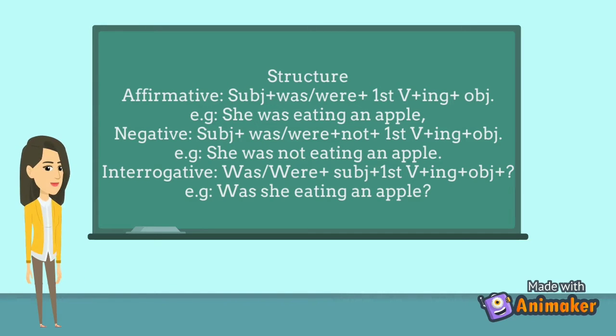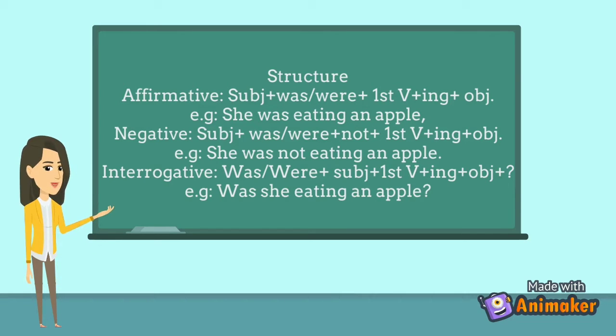Then we write first form of verb with ing, and then we have the object. The example is given over here: she was not eating an apple. Again, if we talk about plural nouns, if there were more girls, we would say the girls were not eating an apple.